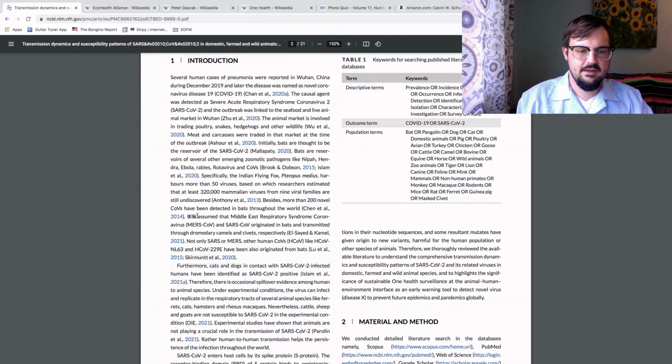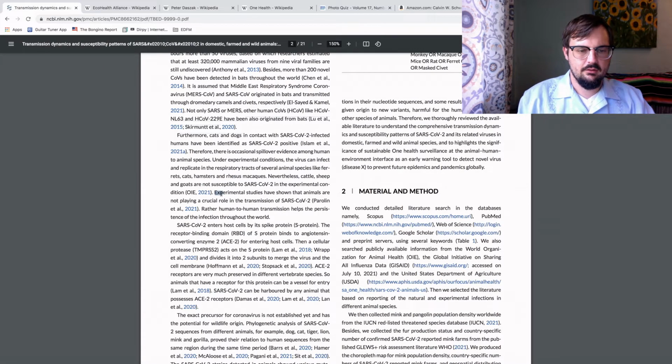This is the best we are able to state at this point, in 2022. We are assuming that this is where these things come from. And another interesting statement of fact here, experimental studies have shown that animals are not playing a crucial role in the transmission of the virus. Not playing a crucial role.